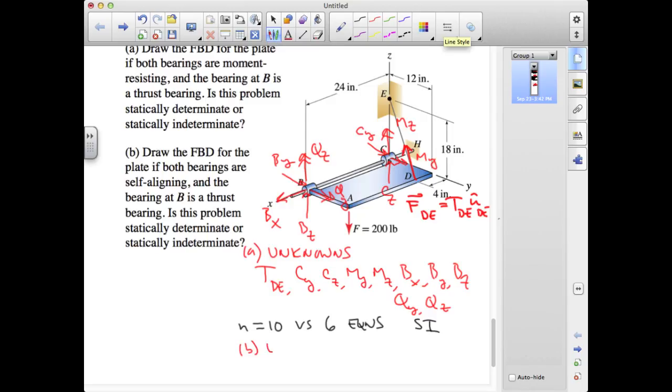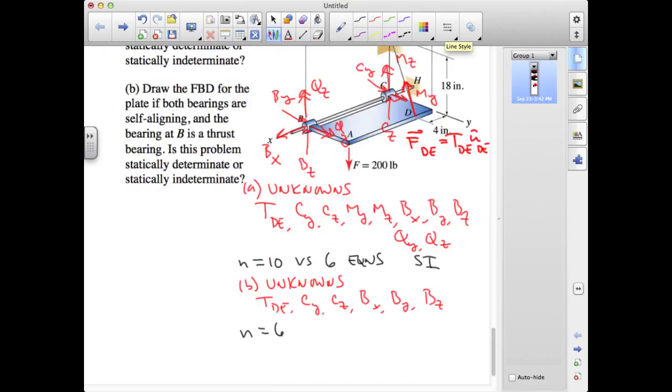In part B, we have the same force reactions that we have in part A, but we don't have any of the moment reactions. So we're going to have TDE, Cy, Cz, Bx, By, and Bz. And so now we've got N equals 6 versus 6 equations, and we should be able to solve.